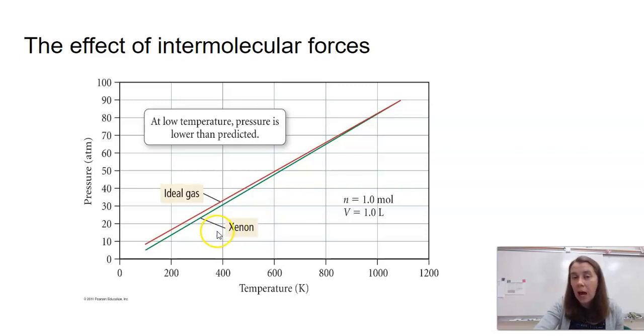It would behave less ideally than helium, for example, because helium would have very weak London dispersion forces because it's so small. Similarly, if we had a gas that was polar or capable of hydrogen bonding, there aren't really many of those because those forces are pretty strong and so they tend to make liquids. But if we had stronger intermolecular forces, then you would get less and less ideal behavior from those gases.